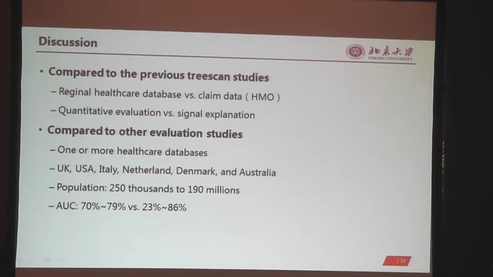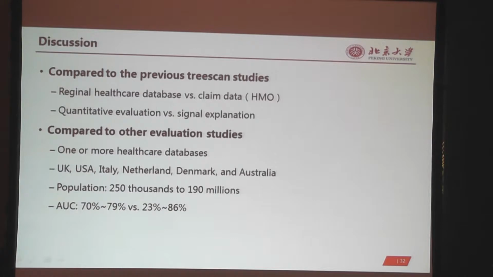And actually, there have been a lot of evaluation studies for signal detection methods. They usually carry out in one or more healthcare databases across different countries, including UK, USA, European countries, and Australia, and so on. The population of these studies ranges from 250,000 to 190 million.